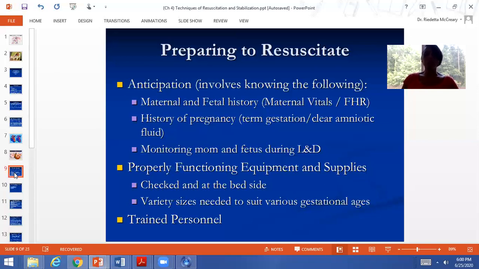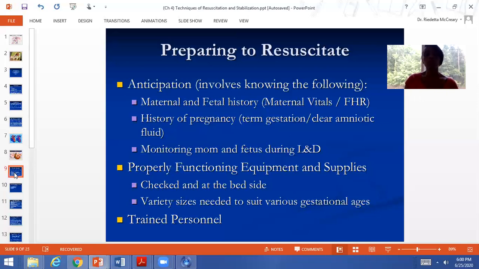If nothing else, you want to know the history of the pregnancy. What gestational age is the neonate or fetus at this point? And is there any meconium present, or is the amniotic fluid clear? Those are the two main questions that you need to ask when you are requested to attend a delivery.